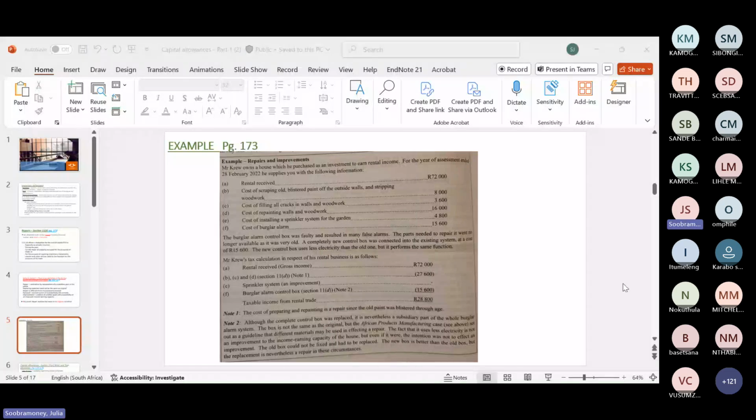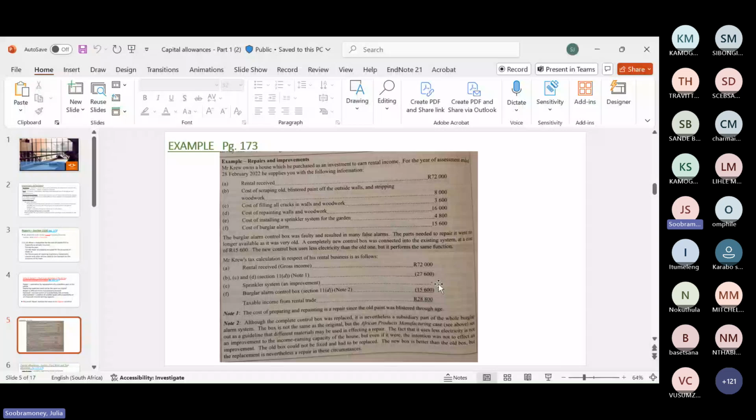An improvement, 100%, definitely an improvement. Did it say anything that he had a sprinkler system before and now he needs to fix it? Nothing of that sort. They just said he's installing a sprinkler system, so that is seen as an asset. Okay. So, your sprinkler system is an improvement, therefore you're not allowed to get the deduction now. Obviously, over the years you will be able to depreciate it, but for now you cannot deduct the whole price.